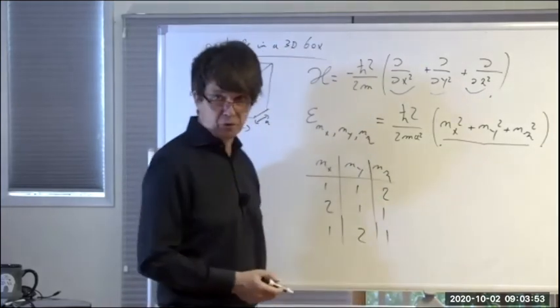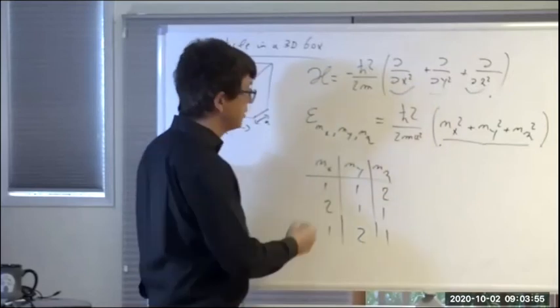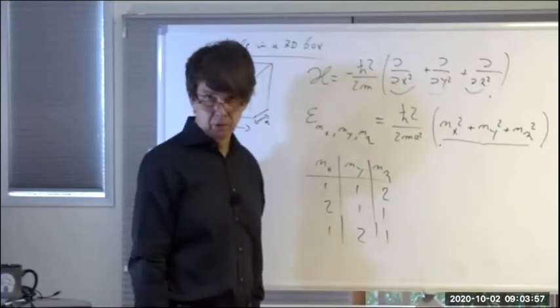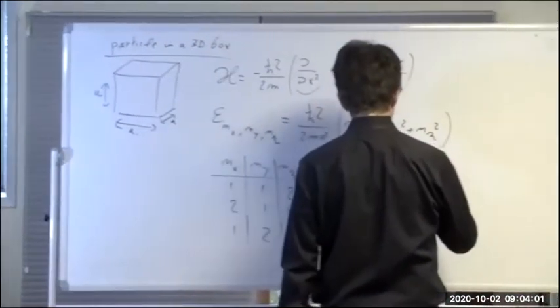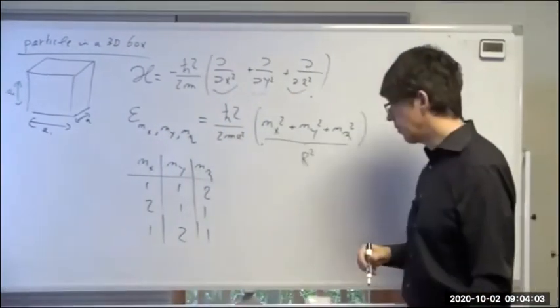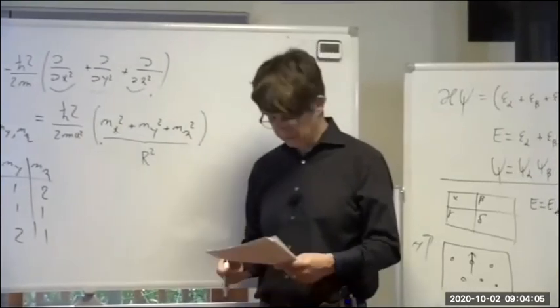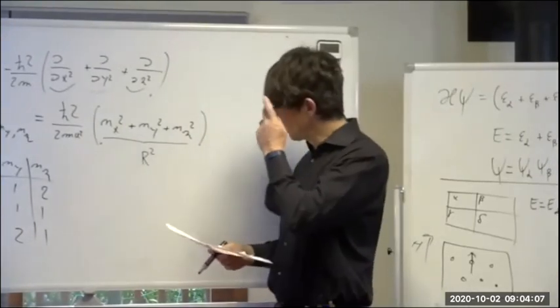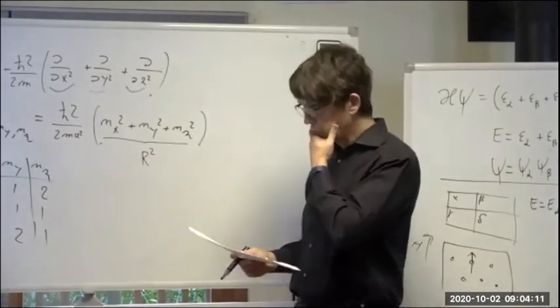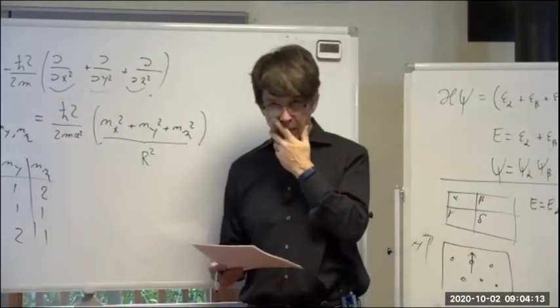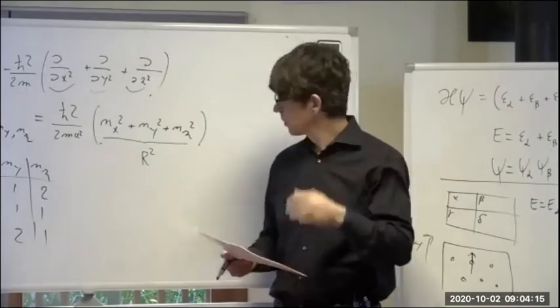These are different quantum states, but they sum to the same energy, right? So whenever this sum, which I'll call r squared, because you can think of it as a radius in a 3-dimensional space, is a certain value, I have the same energy. So this gets a much more interesting problem than the particle in a 1-dimensional box.